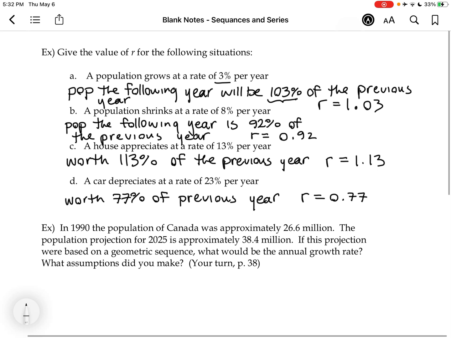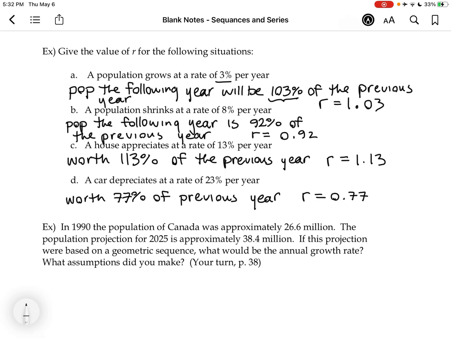Okay, now how can we get these? Essentially, if something's growing, we take 1 and add the percent it's growing by. So this is 1 plus 0.03, right? C is also growing. This is 1 plus 0.13. Sorry, the first one was 1 plus 0.03, my bad. Okay, if something's shrinking, then we have to subtract the shrink rate.